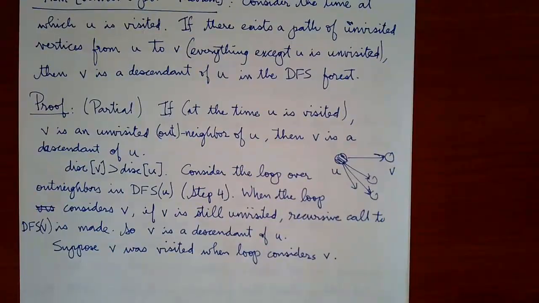How do you now argue that it's actually a descendant? If it's visited, then it can't be on the stack anymore. So it's finished, and the finish time is before the finish time of U, because we haven't finished U yet. Exactly. Now you have to be a little careful.